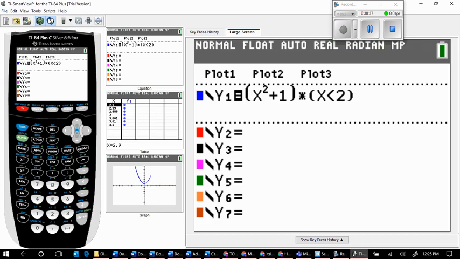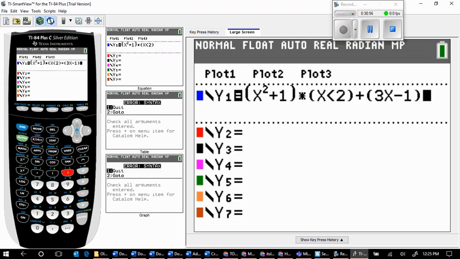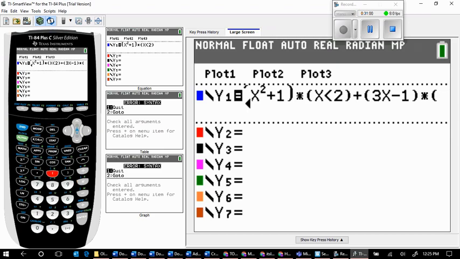Okay, so that takes care of kind of the first half of my graph, and then what I'm going to do is I'm going to add on the other half. So I'm going to add to that my 3x minus 1 times this part I want when x is greater than or equal to 2.